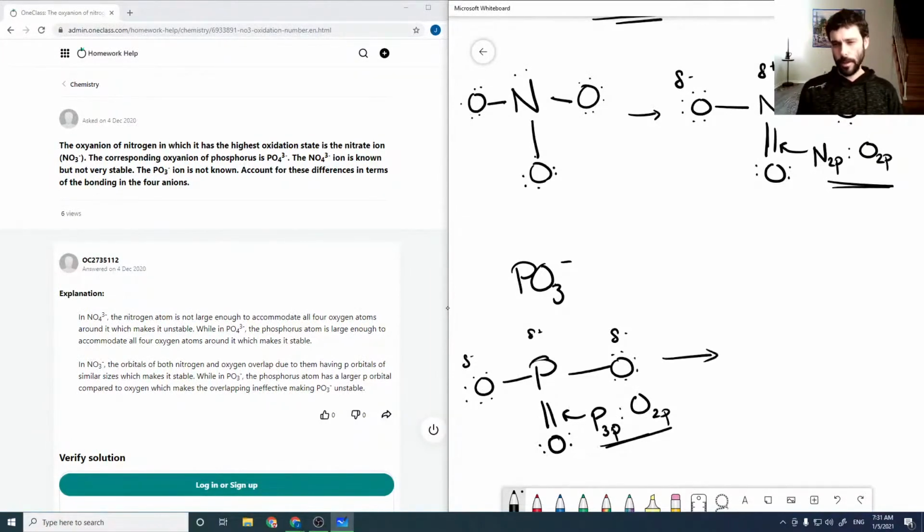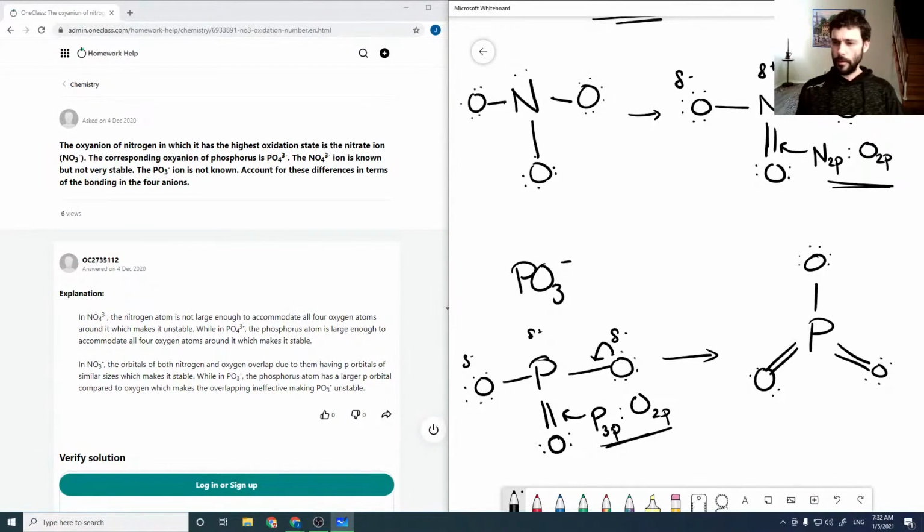Alternatively, we could draw this, especially because phosphorus can become hypervalent, as this structure. Where phosphorus now has 5 bonds, but that's okay. Phosphorus can deal with that.